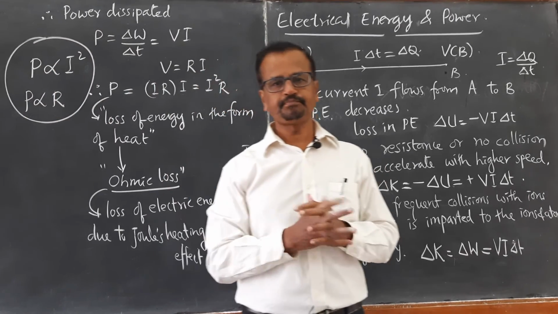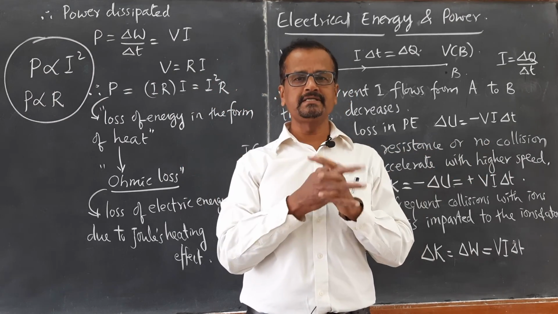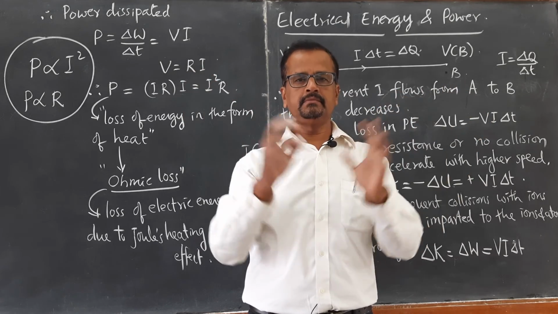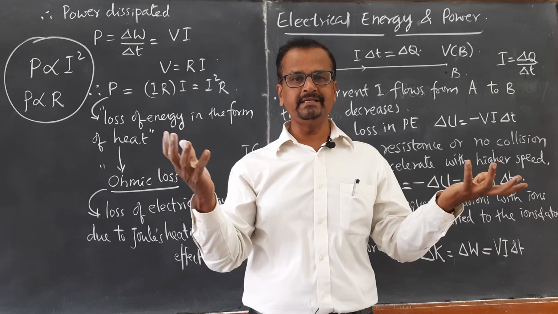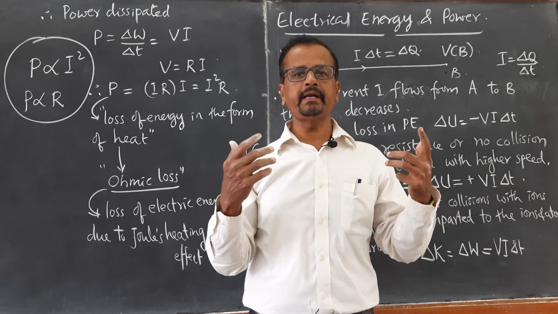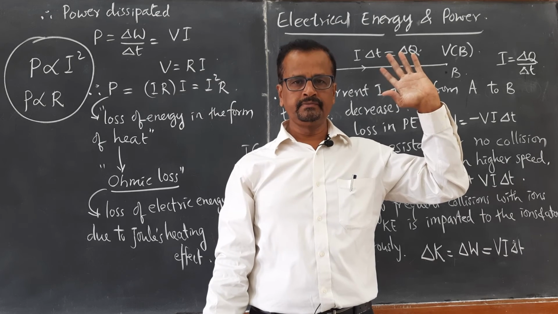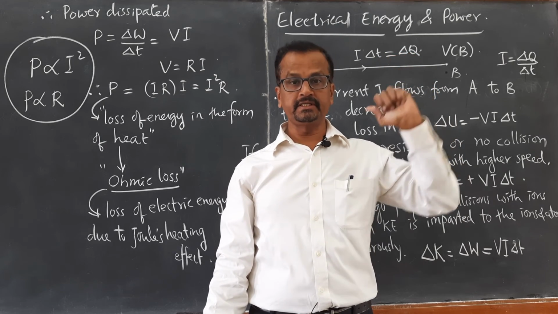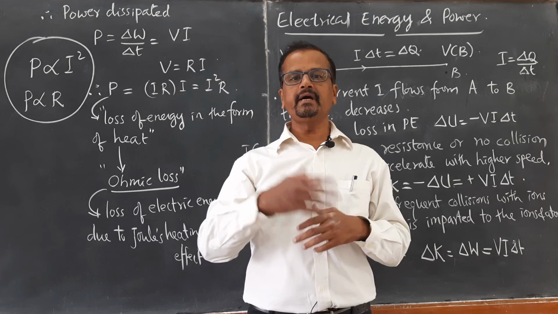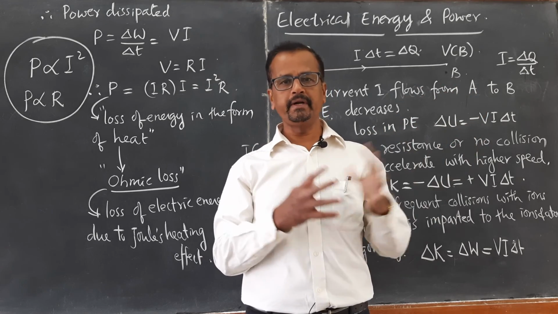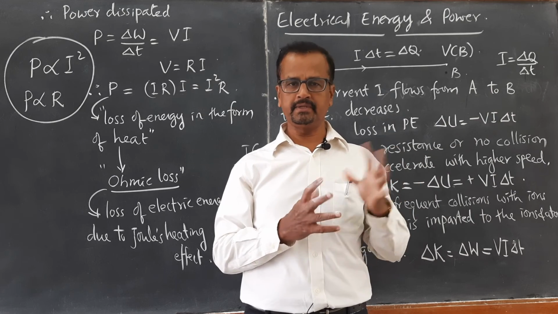So, usually during long distance transmission of power through the power cables or power lines, we get the electric power from a thermal power station, Shakti Nagar, or we may get electric power from a hydroelectric power station from Almaty or from Bhadravati.